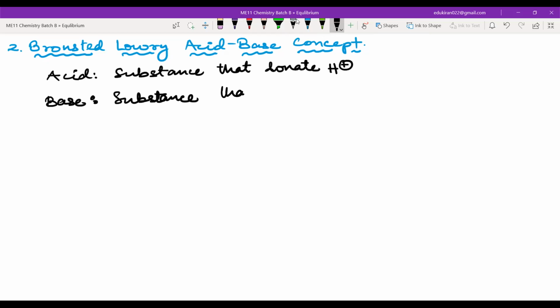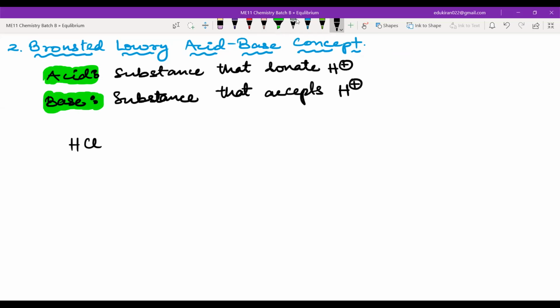A substance that accepts H plus. Now, I'm writing a reaction here: HCl plus H2O.